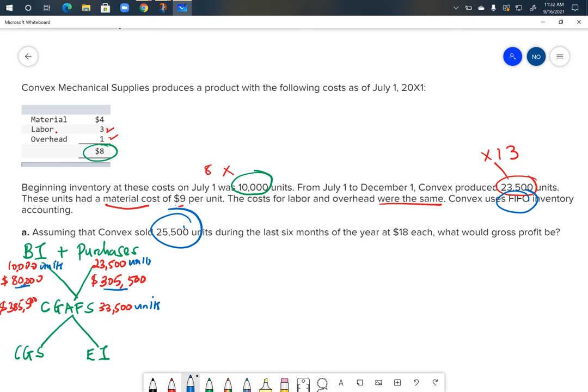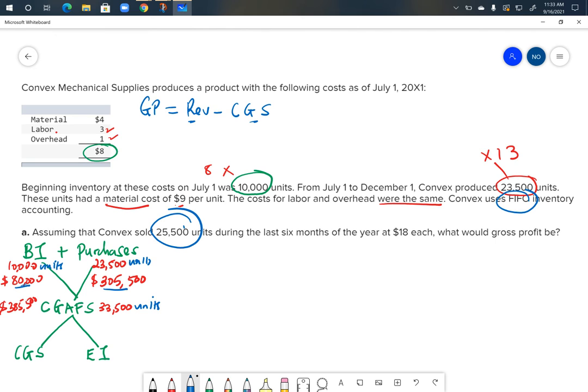The question is asking for the gross profit, which is revenue minus cost of goods sold.